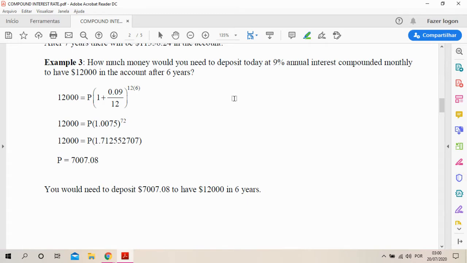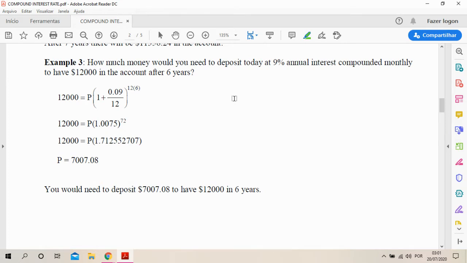Then the future value, we already know, it is $12,000. And the principal is what we want to calculate. It is going to be 12,000 equal to P times 1 plus 0.09 divided by 12, raised to the power of 12 times 6.